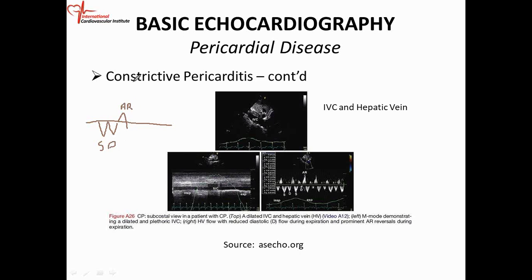What we're saying in a patient with constrictive pericarditis, when you do your hepatic vein flow, with inspiration it's low, but with expiration, the atrial flow reversal is going to be huge. So the three things that you need, the three things that are going to give you almost 100% surety that it's constrictive pericarditis. You look at, of course, the patient presenting with heart failure and all that sort of good stuff.